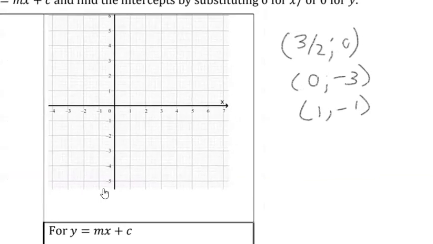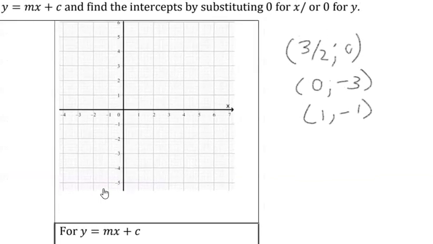I have the 3 points there, and now I can plot them on my grid. In this case x is equal to 3 over 2, which is 1.5, and the y-intercept is at minus 3, and I have another point at 1, minus 1 there.